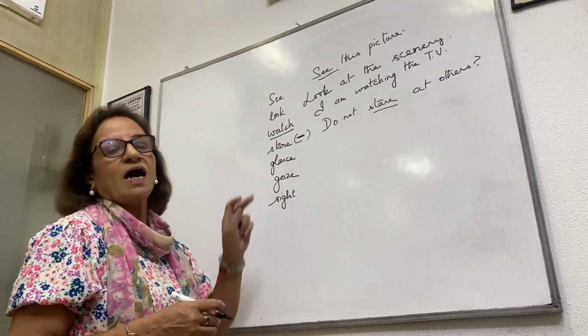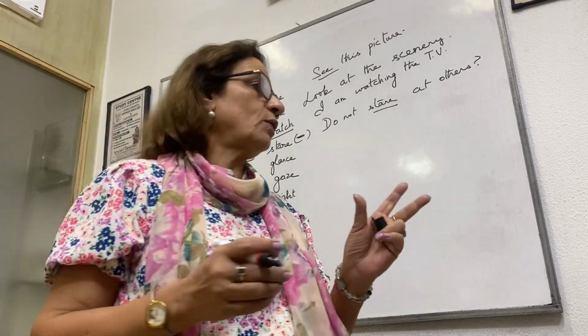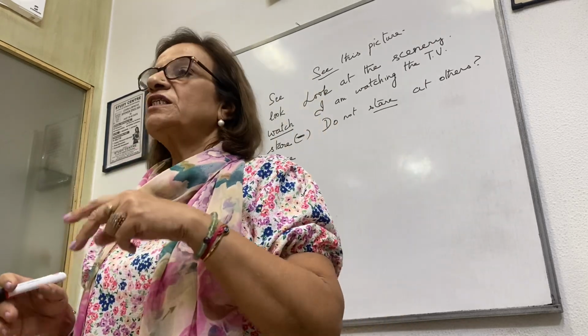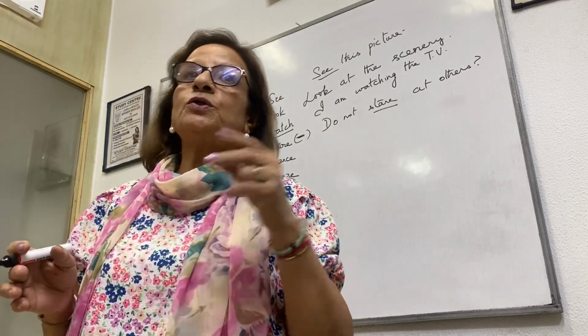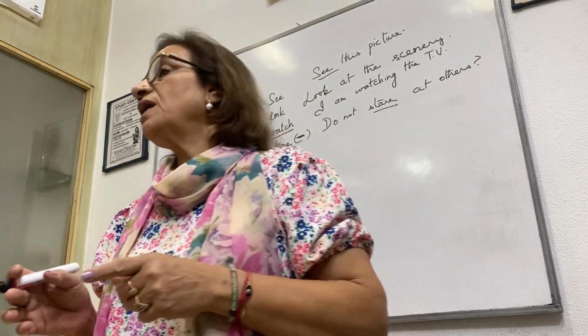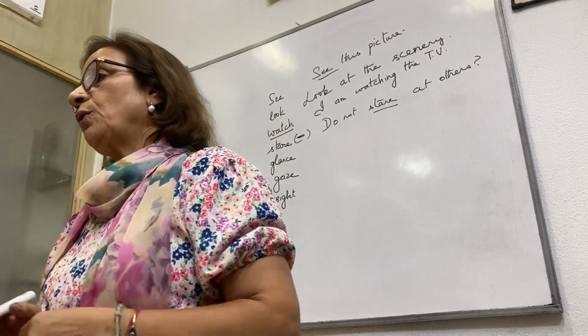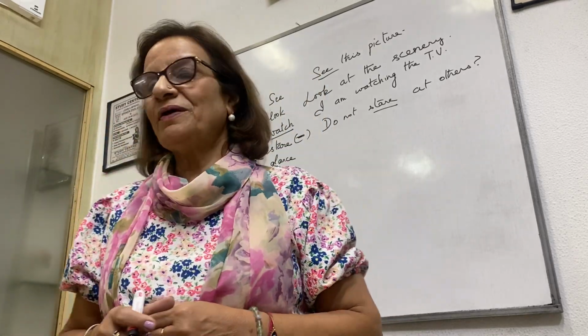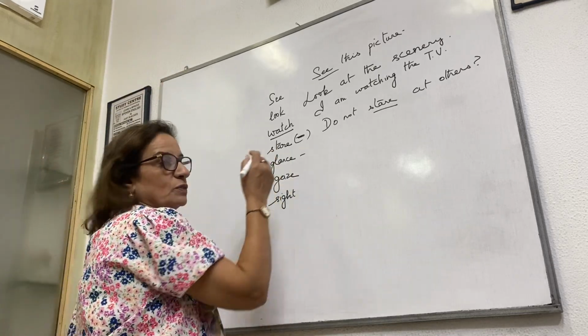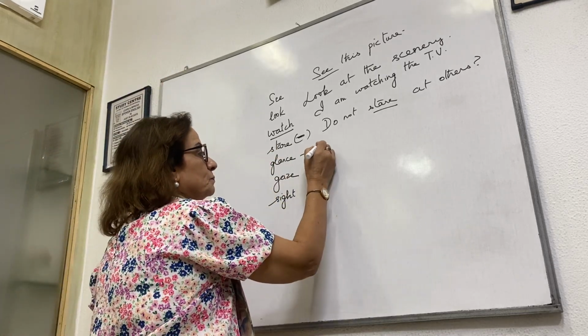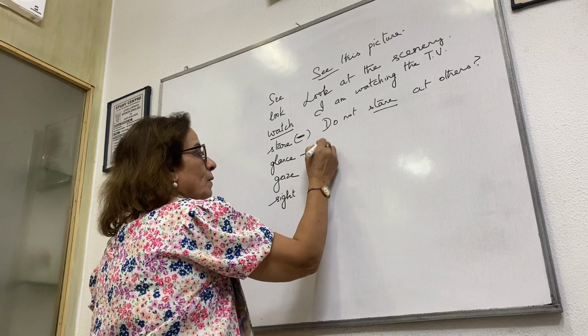And next is glance. Glance is a quick look. Suppose in the hall you want to locate somebody you know, so you just glance. Okay, you have a quick look. That is glance. Okay. For example, how will you use it?